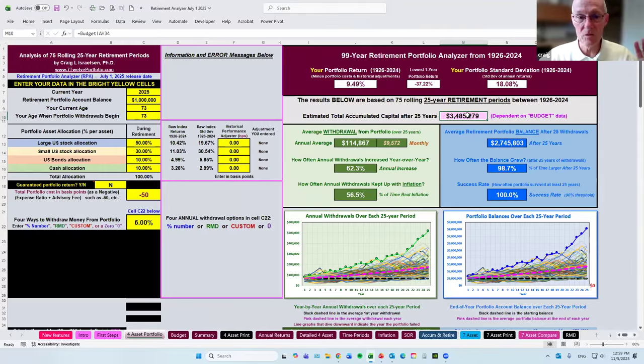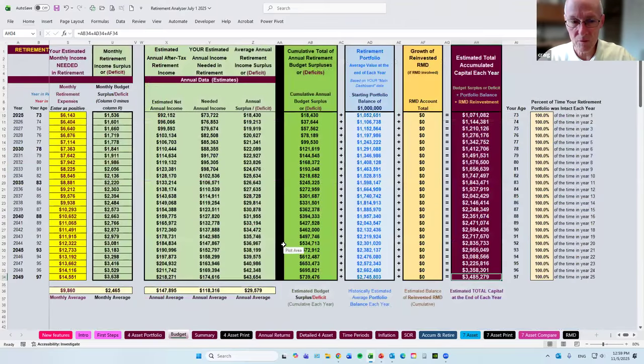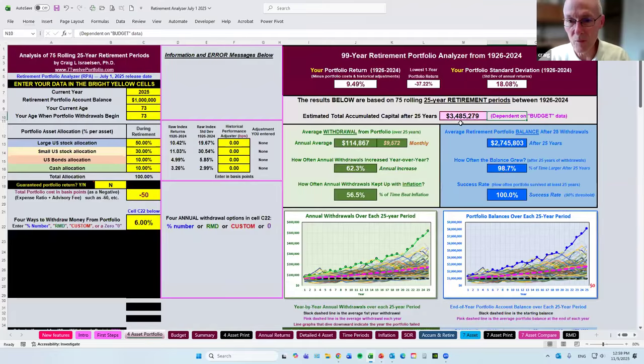It's everything. It's your Social Security, it's your income stream combined with your portfolio, and then the note to the side: dependent on budget data. That's why I didn't talk about it before, because we had to enter the needed information in your quarter century budget to have that number right here be meaningful. And that's 2.7 million underneath it. That's just your portfolio balance. That's just the portfolio. Right.